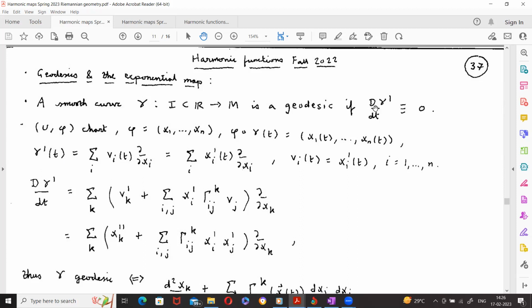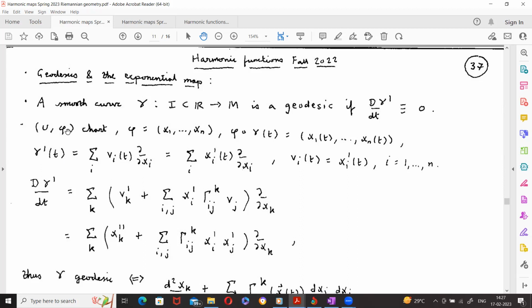First, we're taking gamma prime and then, second, the covariant derivative. So by the existence and uniqueness theorem for ODEs in Rn, we should get unique solutions given two initial conditions, gamma(0) and gamma prime(0), because it should be a second order equation. So let's just see that.